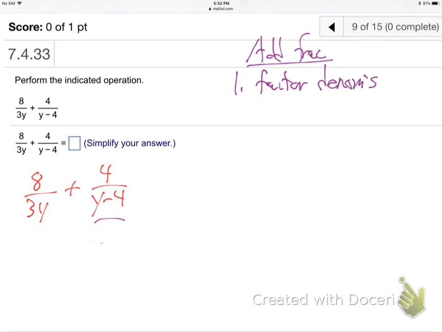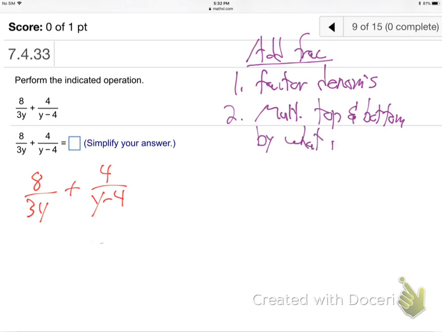If there's anything that needs to be factored, nothing needs to be factored down here on this one. Step 2, multiply top and bottom by what is missing.